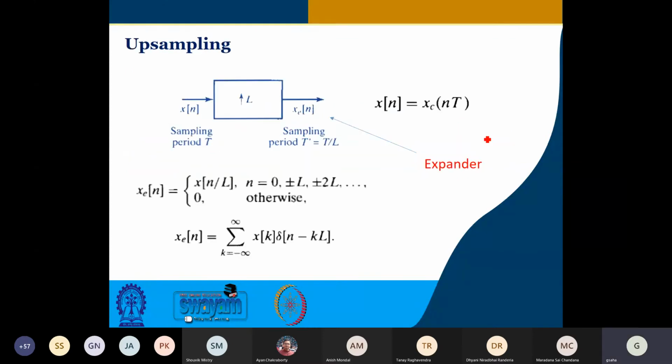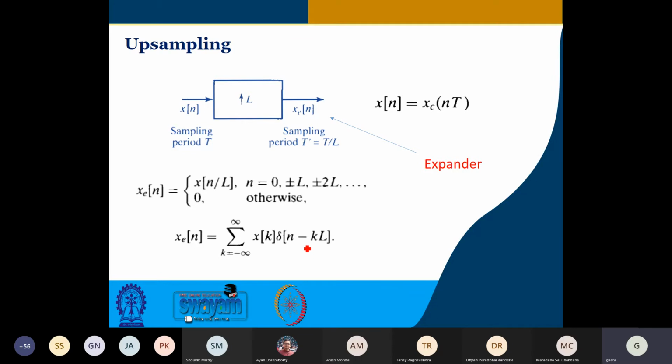Now we discuss upsampling. Okay. Now upsampling, how does it work? It works in a manner which, to begin with, would look improper, but later on when we use an interpolator, we'll see that it works, it will be fine.